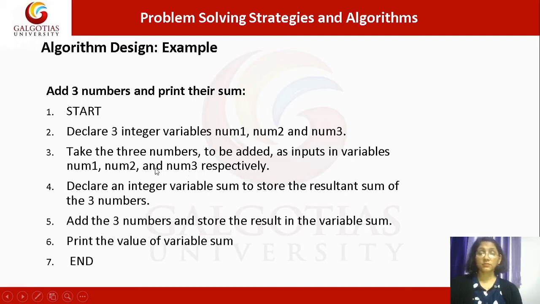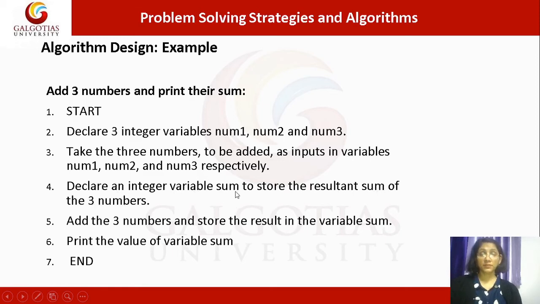After that, because the problem is adding three numbers and printing their sum, after making the addition of the three numbers we need to store the value in a variable so that we can print the value at the end. So we are declaring another variable as a part of the fourth statement: declare an integer variable sum to store the result.